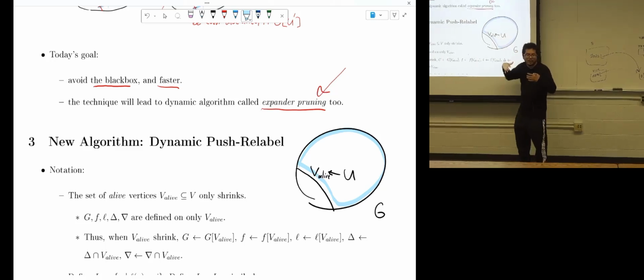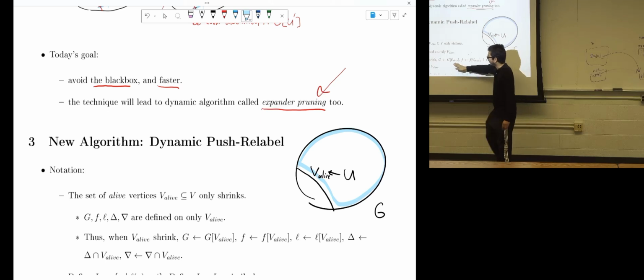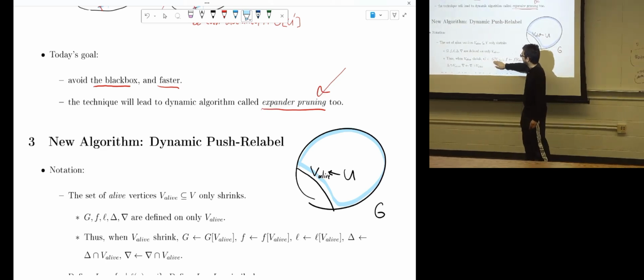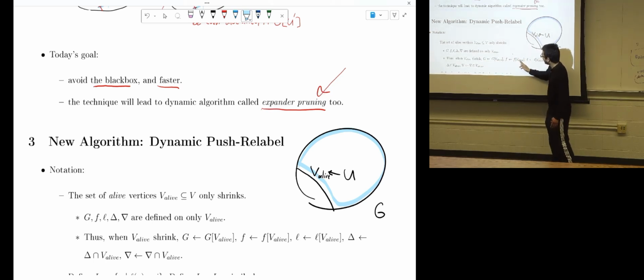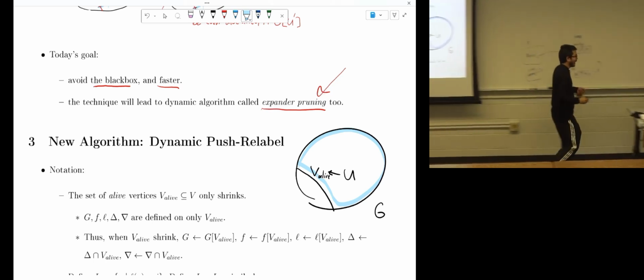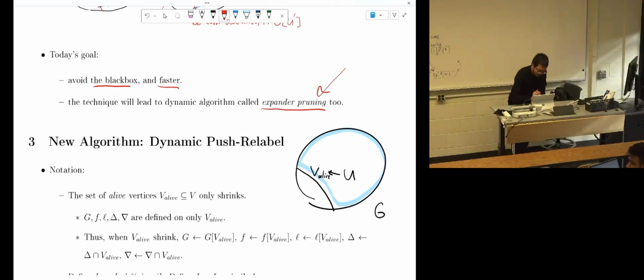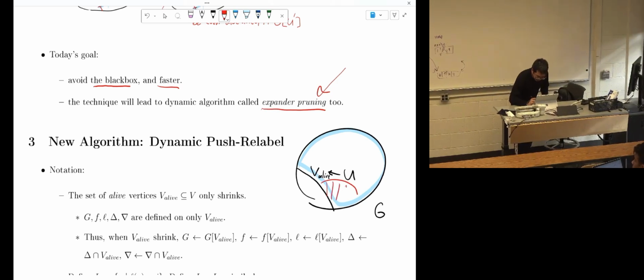So when I say that I shrink or I kill some set of vertices, then you just think like this: suppose that I update the alive set, then I just look at the new graph on the alive nodes. Let's say I kill something here.